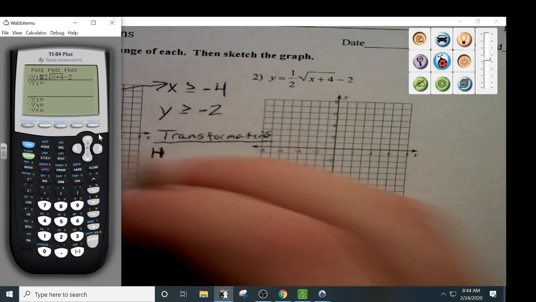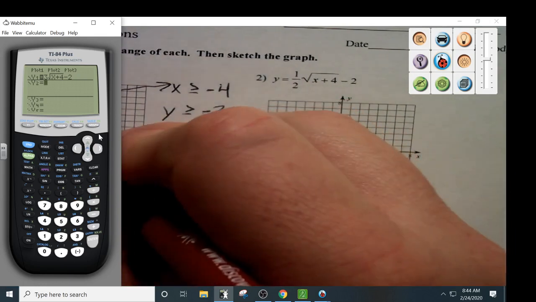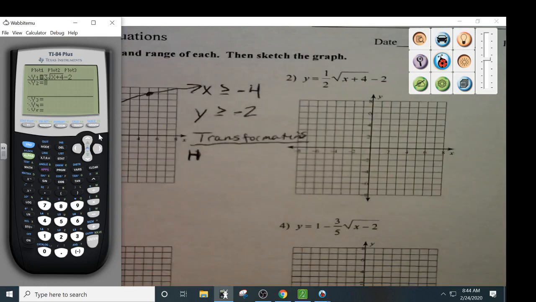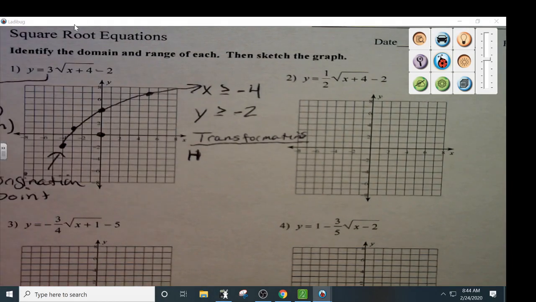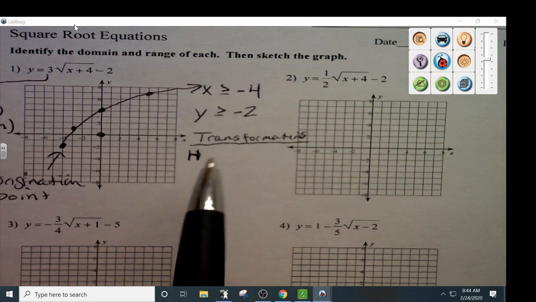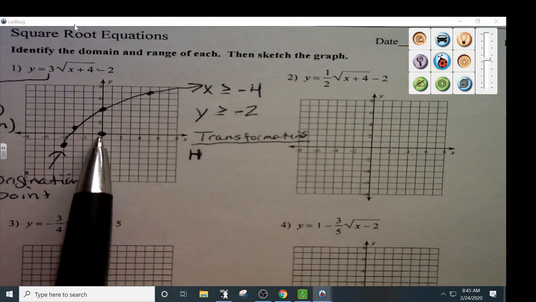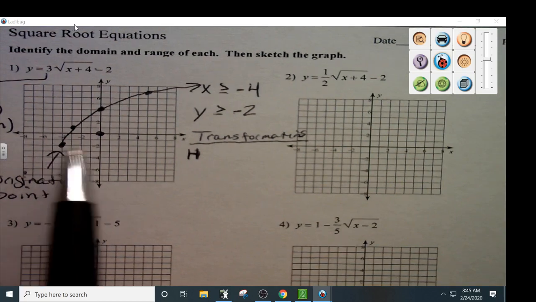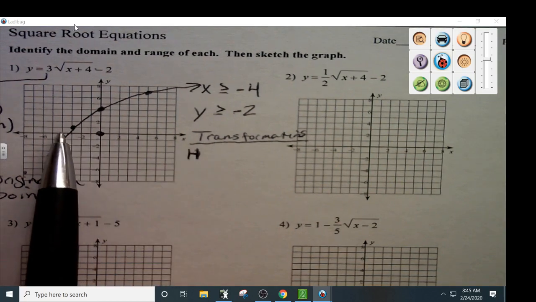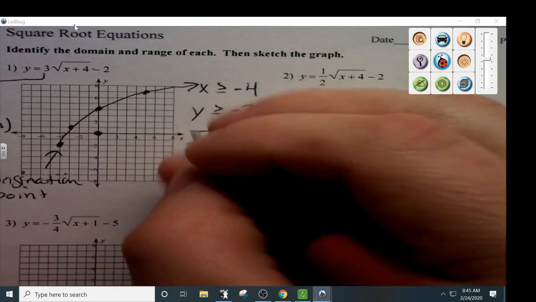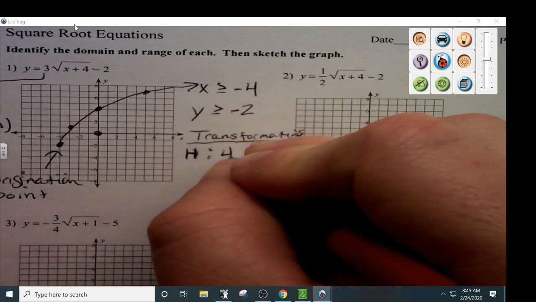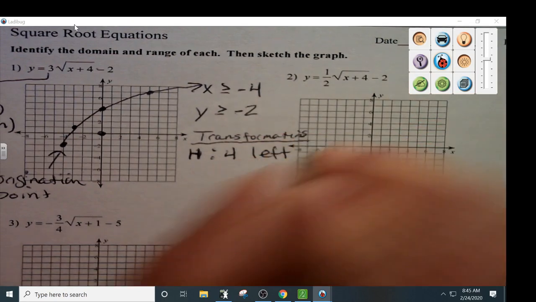Now, remember when we do our transformations, we start at the origin. We're gonna say what it took to go from the origin to the origination point. Horizontally, what did I do? I went 1, 2, 3, 4 left. So horizontally, I went 4 left.